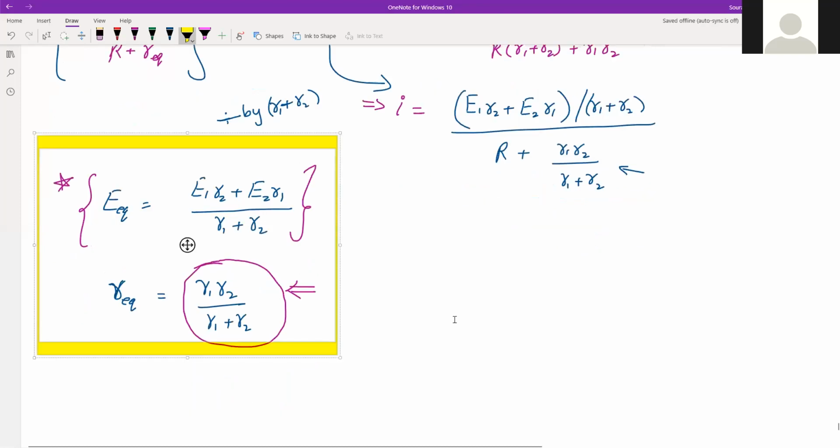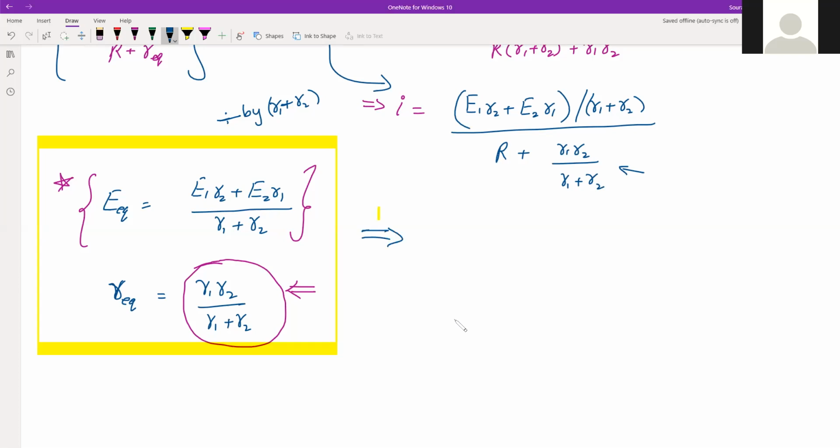Now, what will happen if the cells are connected with reverse polarity? If the polarities are reversed, not much difference. Again, the cells will now start opposing each other. We can derive this equation again, but I'll just write it for you.